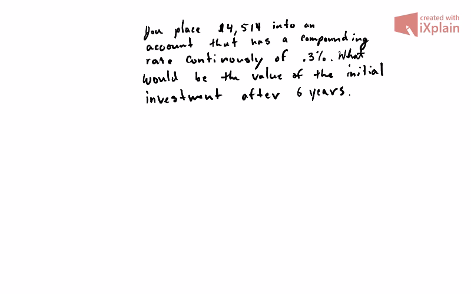Okay, so after 6 years, you leave it in the account. Remember that the amount accrued is equal to the principal times the base e taken to the power of r times t. So the principal amount is $4,514 times e to the power of 0.003 times 6.